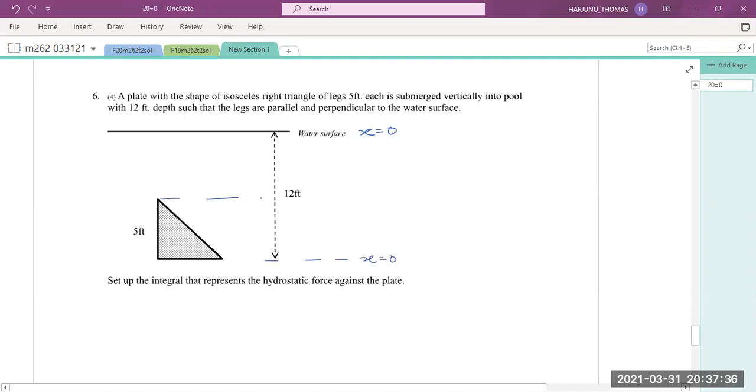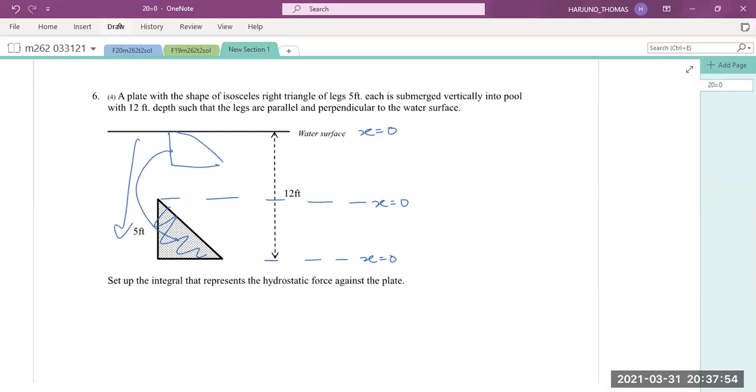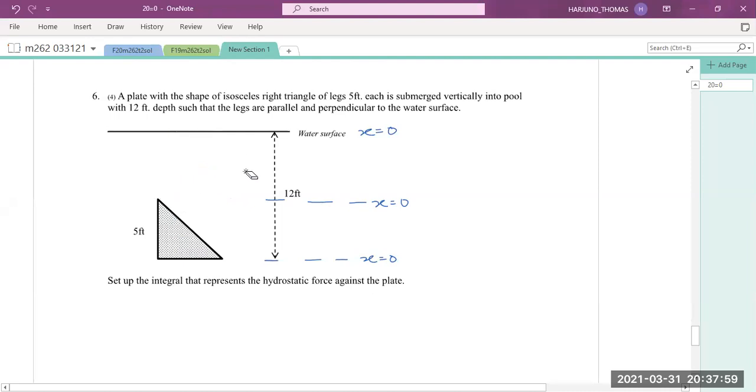Another one, your x can be here. There are 3 different ways to do this. Plus another one is you assume this triangle is on the surface, and then you sink it down by 7 meters. Yeah, the shortcut way. But that's more to help you with your computation, not really the setup.